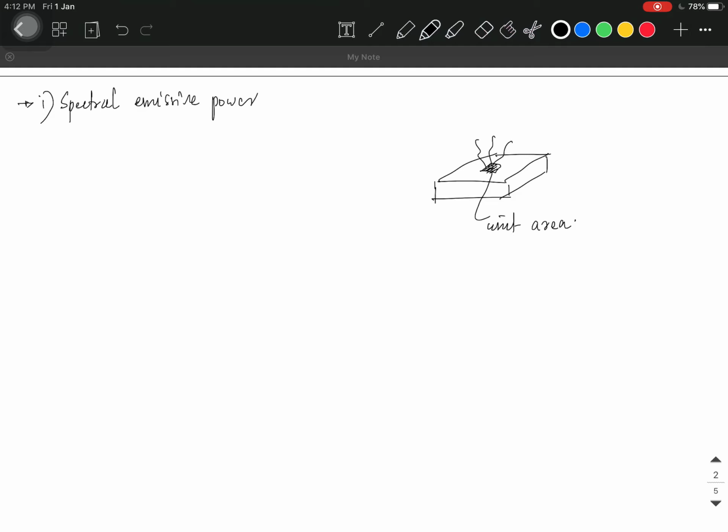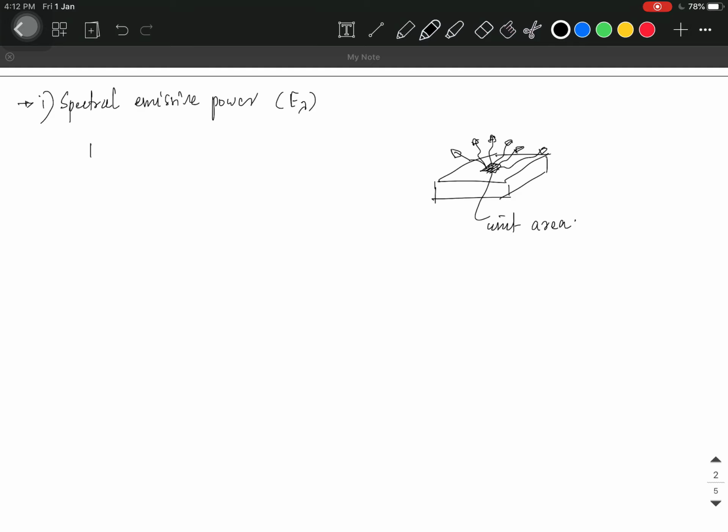Okay, so the spectral emissive power, which is nothing but the energy that is emitted from this unit area in unit time for a particular wavelength of thermal radiation only. That's why it is called the spectral emissive power.